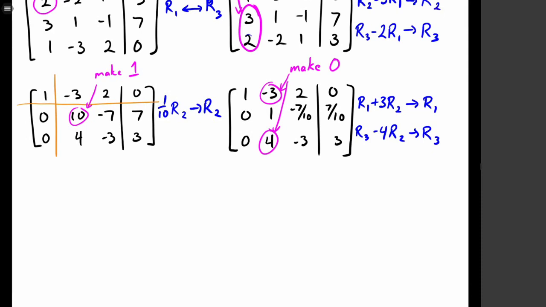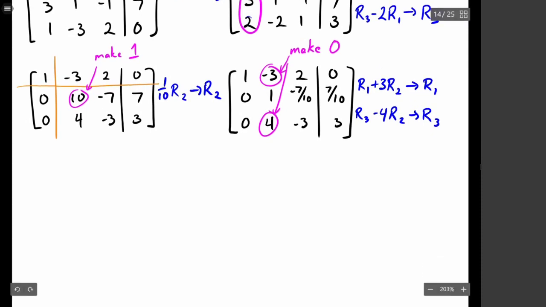So again, I'm going to leave the arithmetic for you to double check here. Okay. So the first column is still 1, 0, 0. The next column is going to be 0, 1, 0. Here we got minus 7 tenths, 7 tenths.